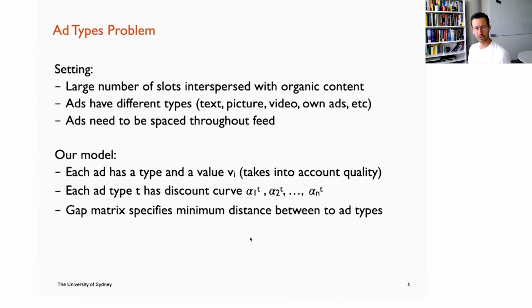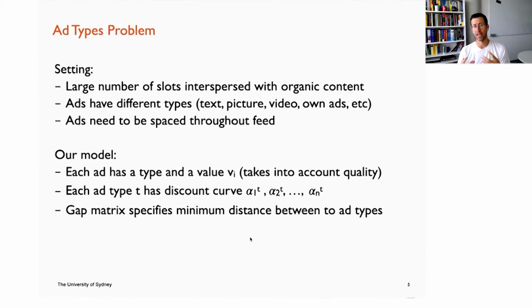Ads usually in this context have different types. So we have text ads, which just have a little snippet of text, but we also have richer ads like text with a picture or text with a video.